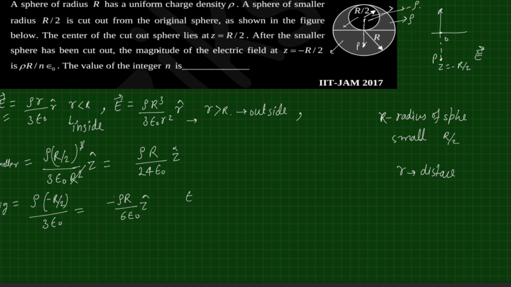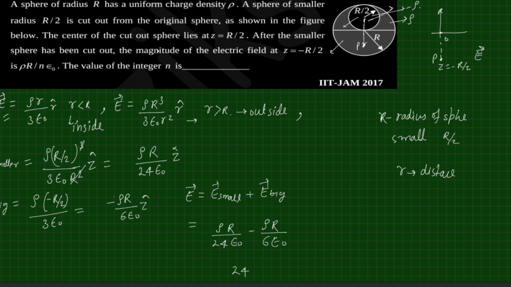So the total electric field, combining E smaller plus E bigger, will be rho R over 24 epsilon naught minus rho R over 6 epsilon naught.